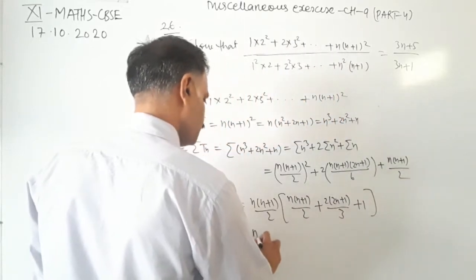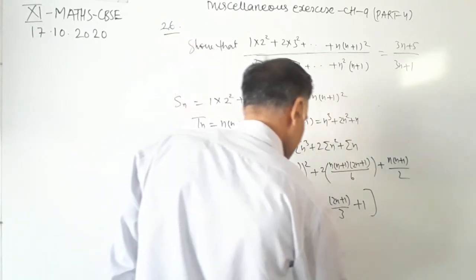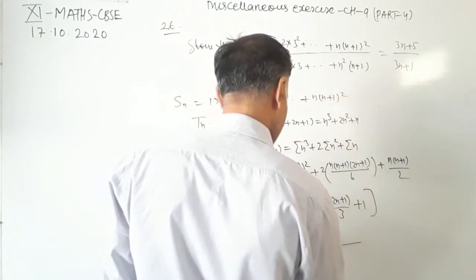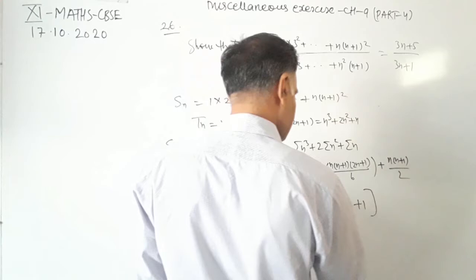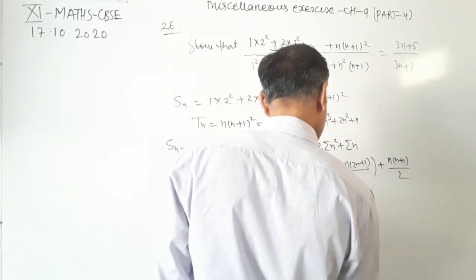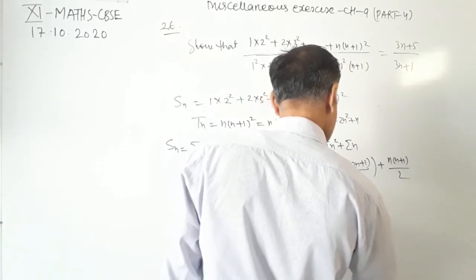Now taking 6 as LCM, this equals n into (n plus 1) by 2 into [3n square plus 3n plus 8n plus 4 plus 6] upon 6.